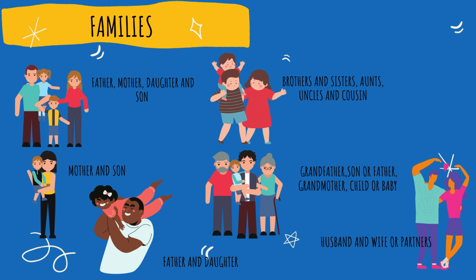The next family is a mother and a son. Then we have a father and a daughter. The next family has a grandfather, son, father, grandmother, and a child or a baby. Or to the grandparents, this would be a grandchild.